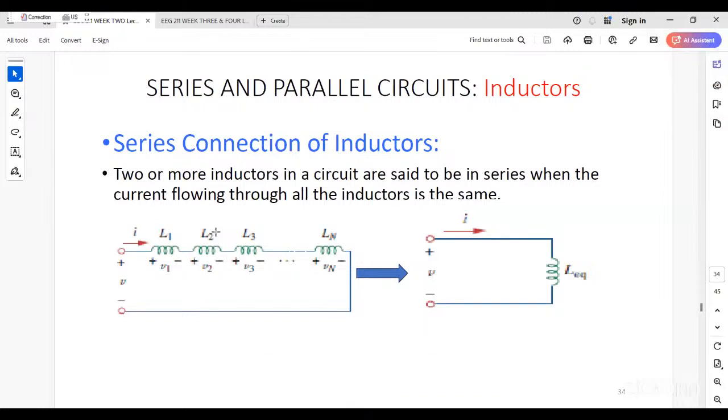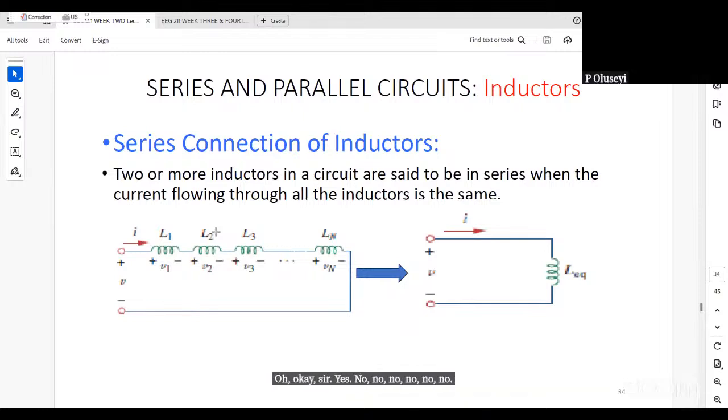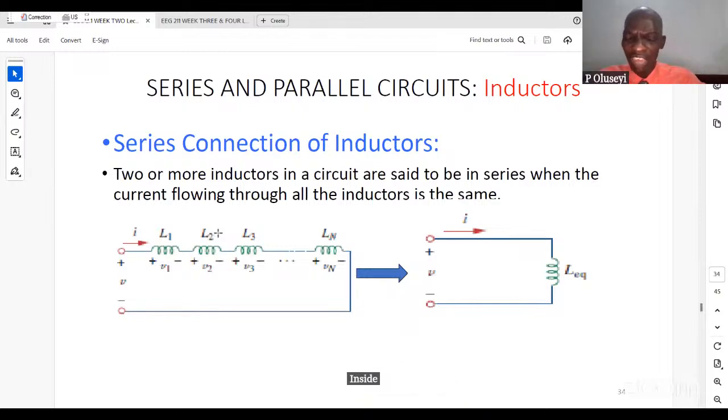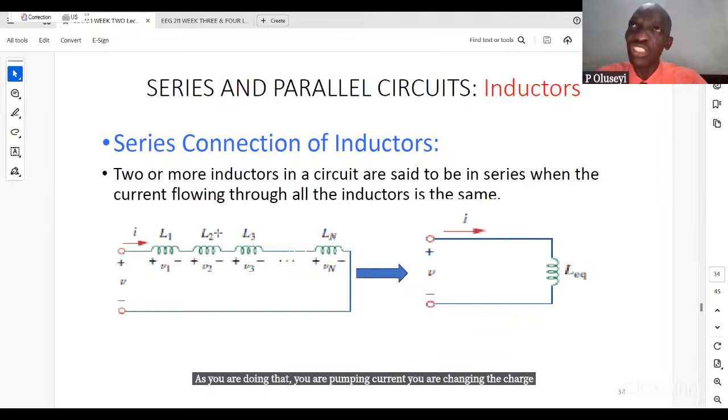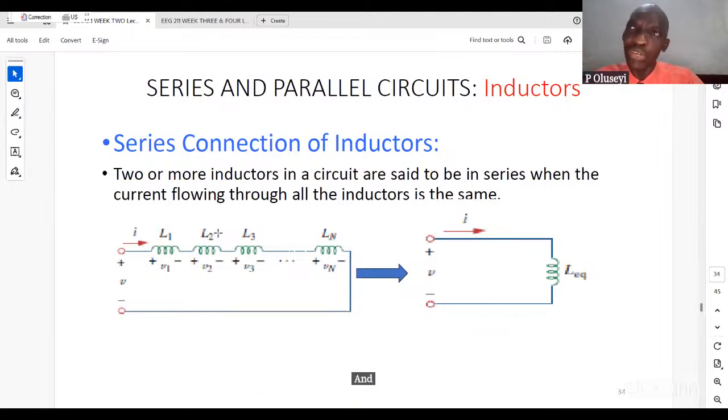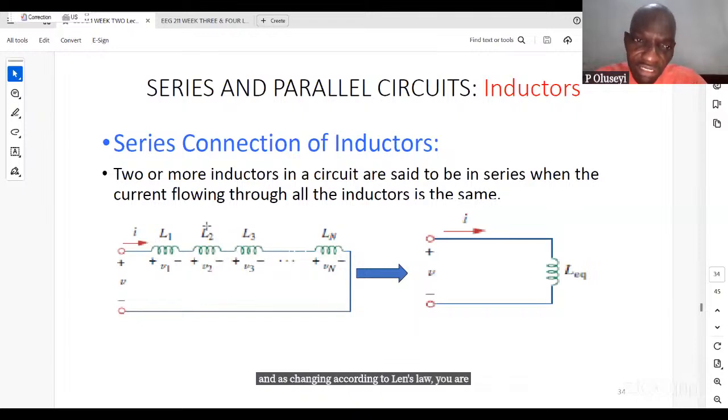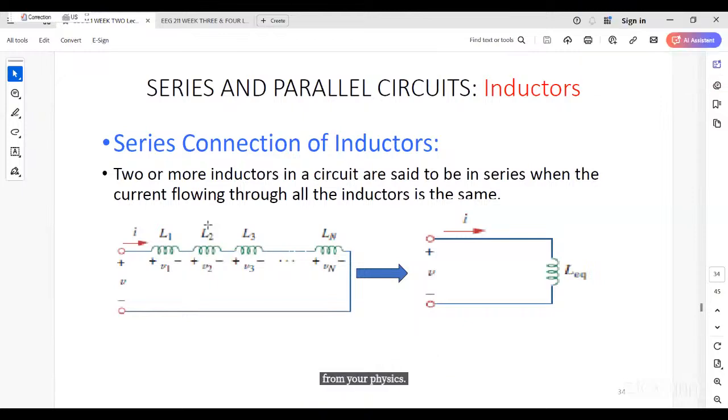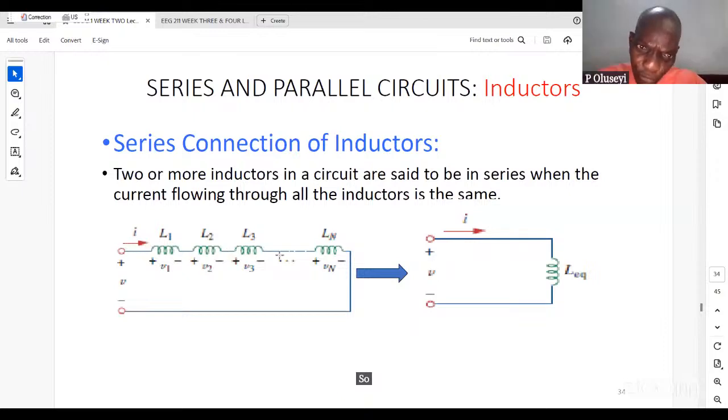I hope you have not forgotten it. When you are taking your iron core inside and outside the coil, as you are doing that, you are changing the flux, and as it is changing, according to Lenz's law, you are creating current. So we have not left those simple principles that you knew from your physics. Does it make sense now? Yes, sir. So the same I flows through all of them, as you can see with the red arrow.